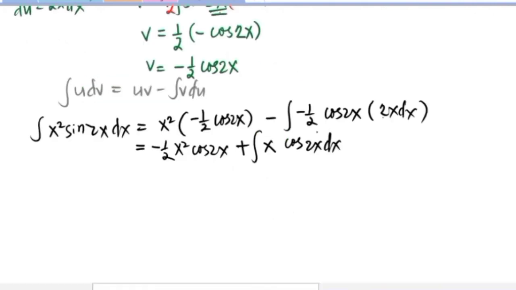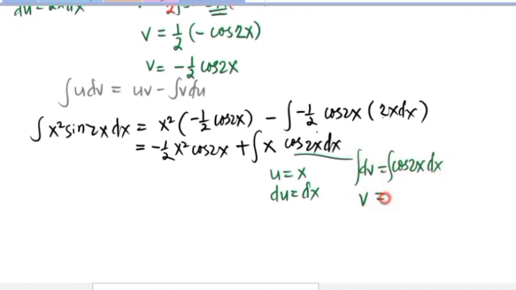So again, we will do the integration by parts. So let u is equal to x, then du is equal to dx, and let dv is equal to cosine 2x dx. So integral we have v is equal to, multiply tayo ng derivative.